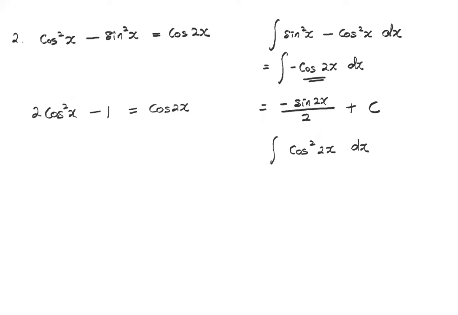Here, I didn't write cos square as a subject, right? So now I will prefer you to write this formula as half plus cos 2x over 2.